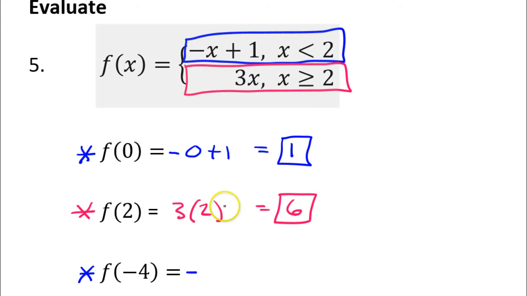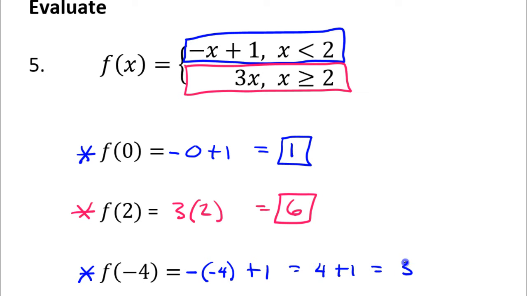That's that negative sign so far. And then I'm substituting in negative 4 for x, and then plus 1. So notice that we have a negative, negative 4. Alright, so you could read this as the opposite of x. So the opposite of negative 4 is positive 4. So we've got positive 4 plus 1, which is 5.